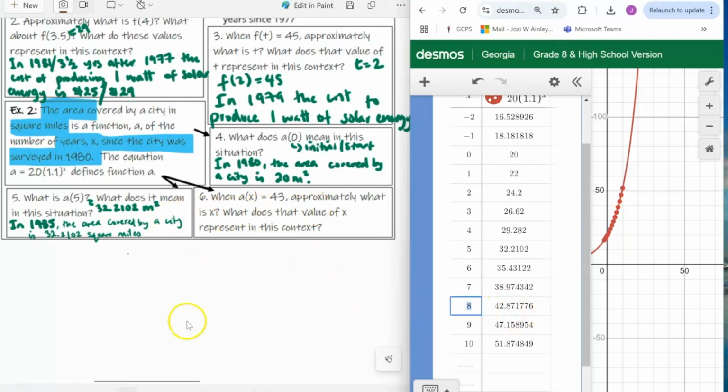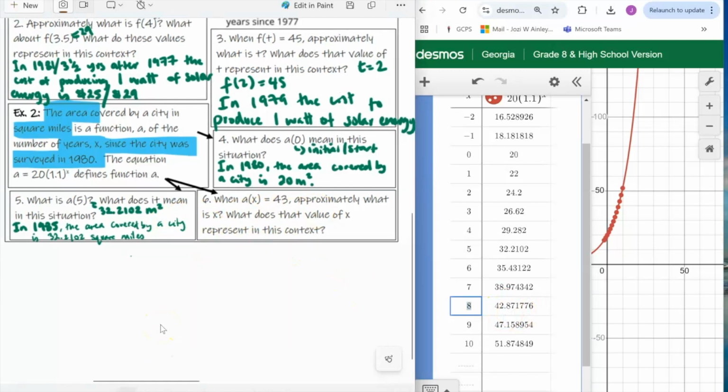So approximately what is X? X is approximately, and the way we write that in math is doing the little curved equal sign, is approximately 8. It doesn't mean it's equal to it, approximately. All right, so what does that represent? So after approximately 8 years, which is 1980 plus 8, is 1988.